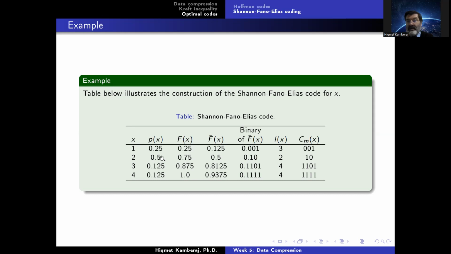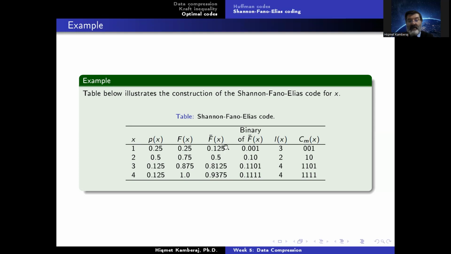That is 0.25 plus 0.5 over 2, which gives you 0.5. Then f bar of 3 is equal to p1 plus p2 plus p3 over 2, which is 0.8125. Then f bar of 4 is equal to p1 plus p2 plus p3 plus p4 over 2, which is 0.9375.